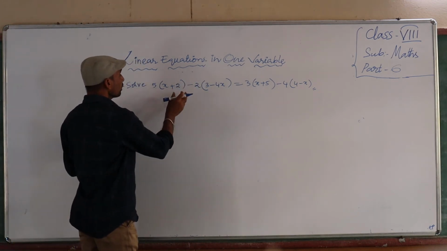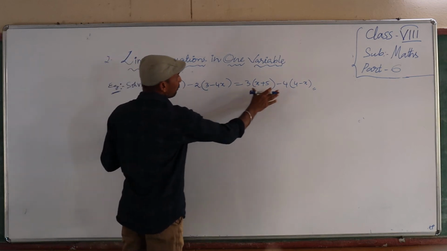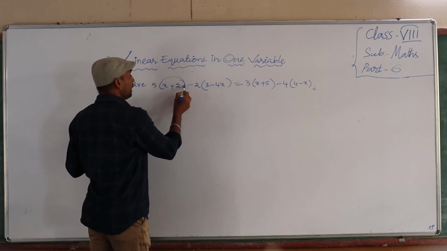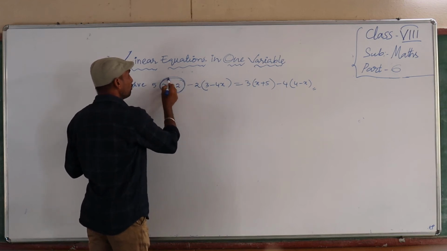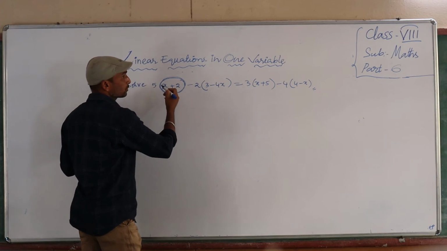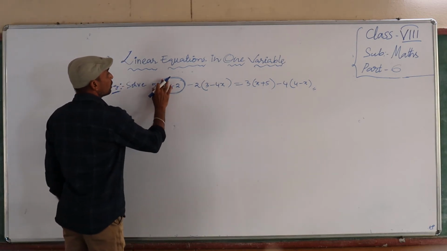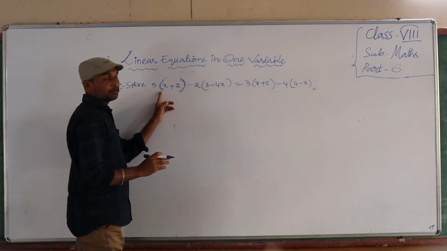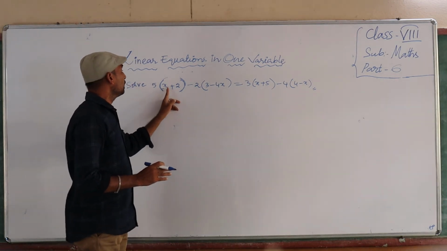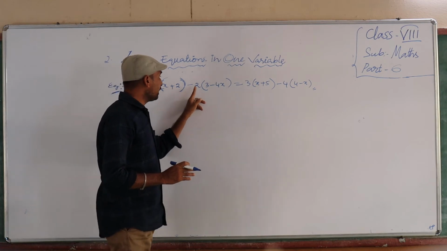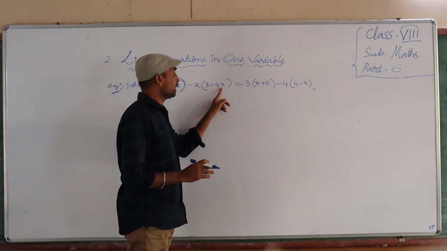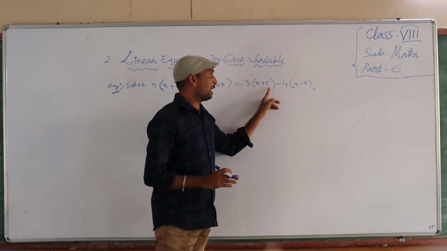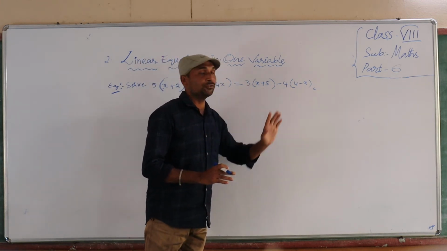So when the given problem is like this, first we have to multiply, or we have to simplify the brackets. See here, what is given? 5 into x plus 2 minus 2 into 3 minus 4x is equal to 3 into x plus 5 minus 4 into 4 minus x.